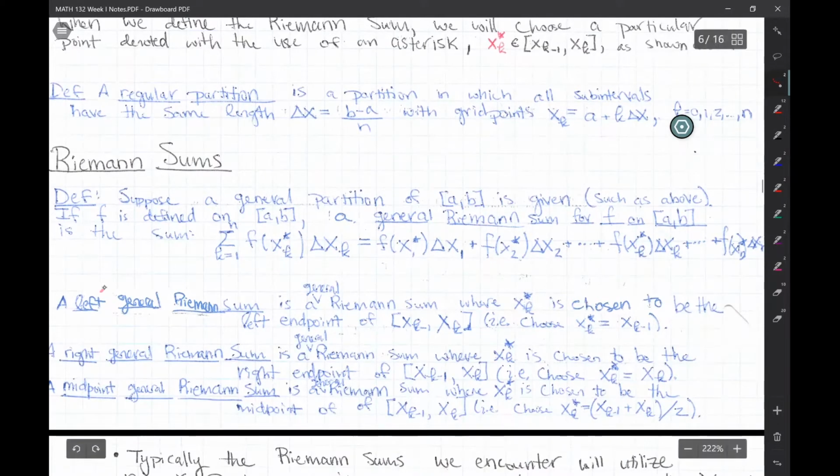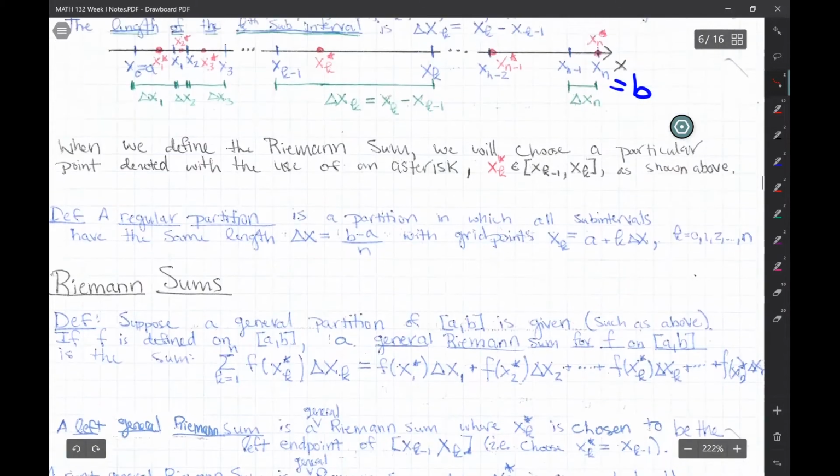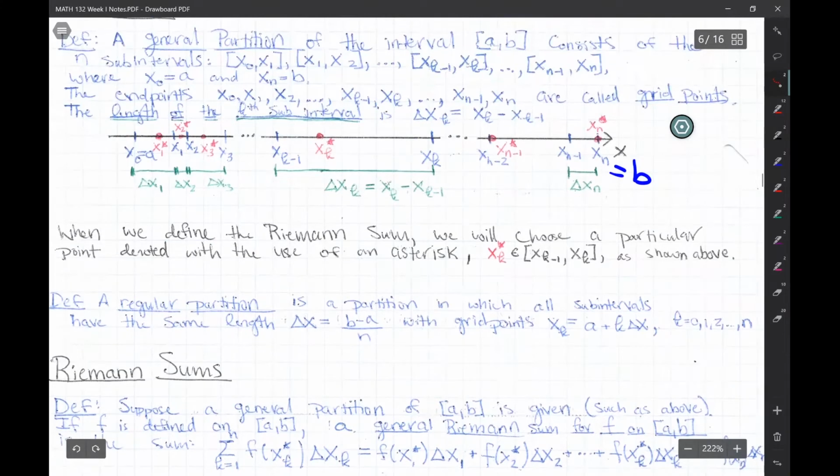Of course, the question now is, well, how do you know which point to choose? If we had chosen the left endpoint of each of the subintervals, so for example, here we chose the left endpoint of this interval that begins at x sub n minus 2 and ends at x sub n minus 1, okay? So this is the n minus first subinterval there.